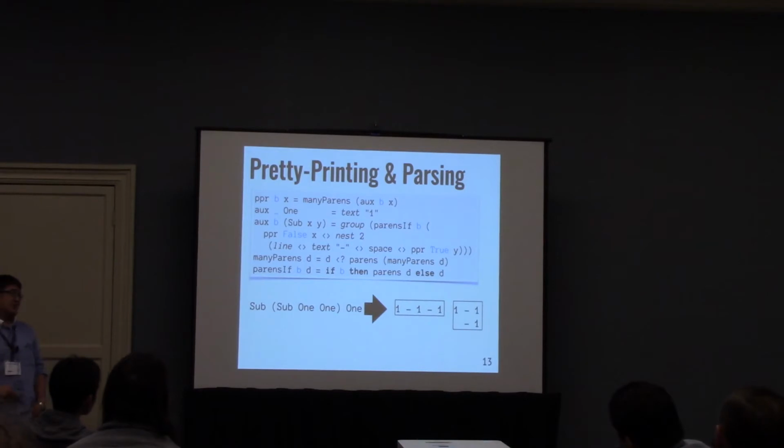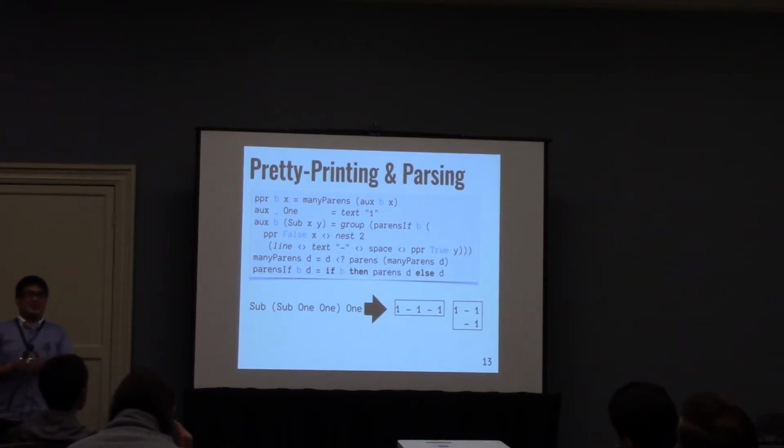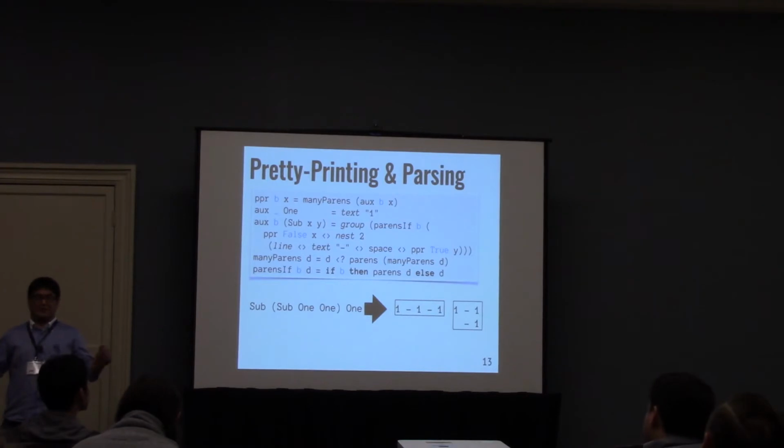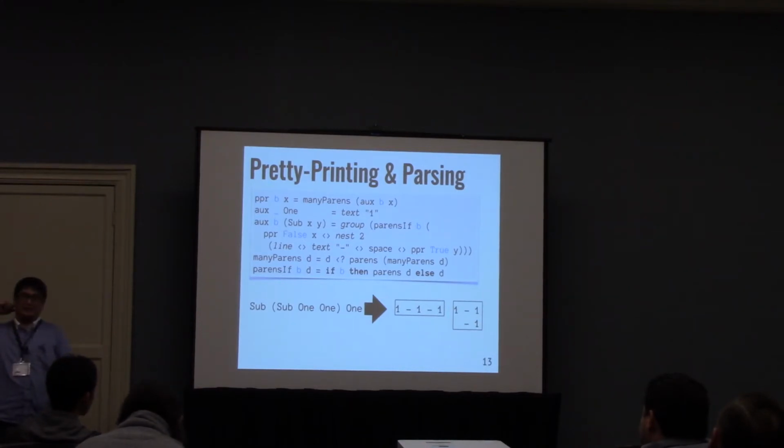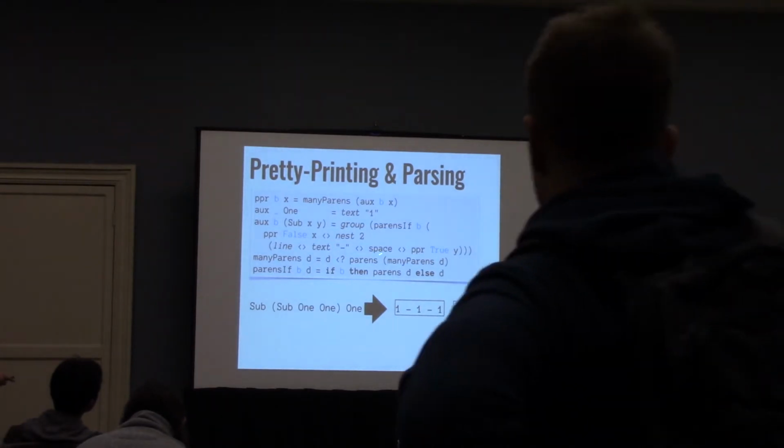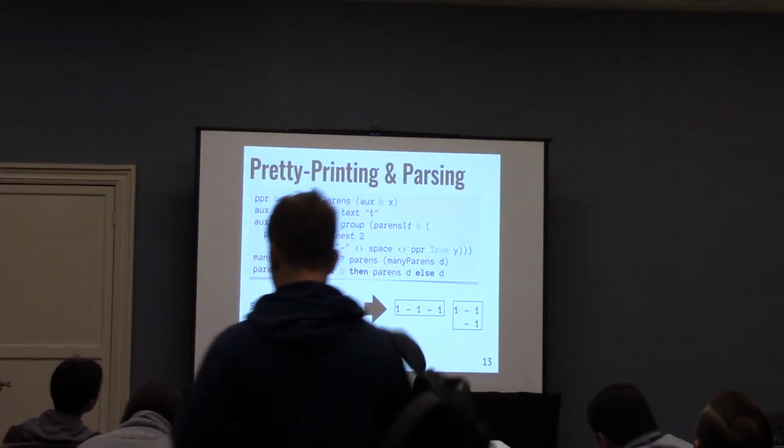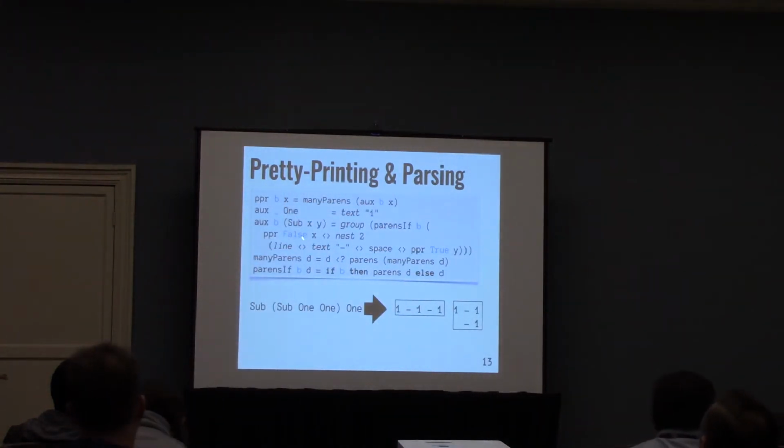Under the group, line will be printed as a single space if there is enough horizontal space. If there is not enough horizontal space, the line will be rendered as a newline character with the appropriate amount of indentation. After this, we put the minus sign together with a single space, and then we call the PPR function recursively with the right child.